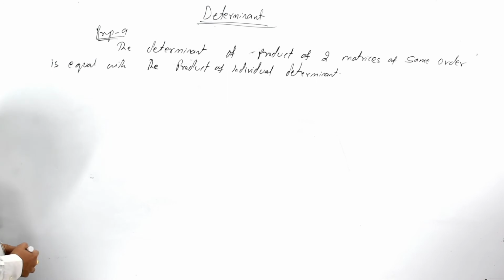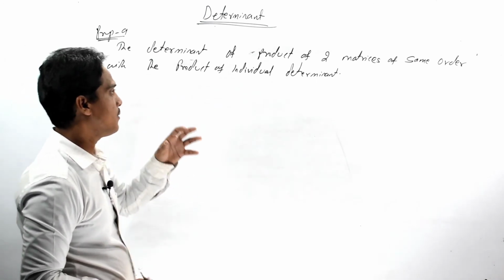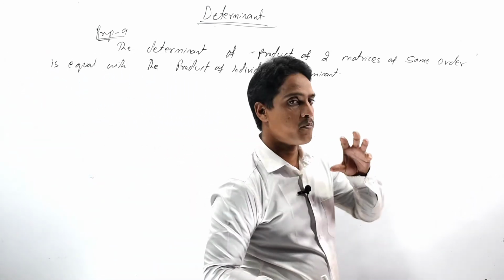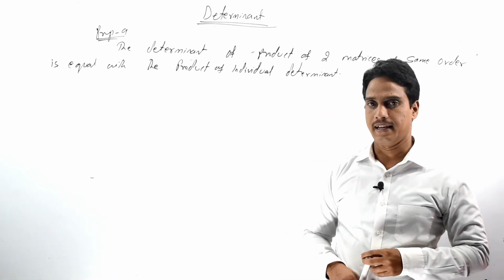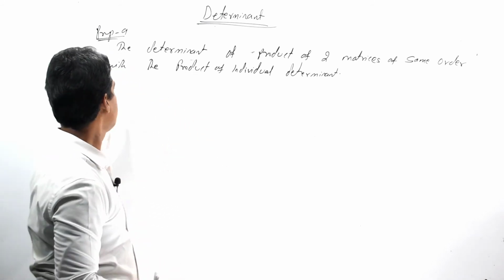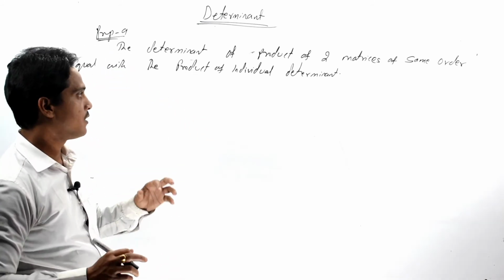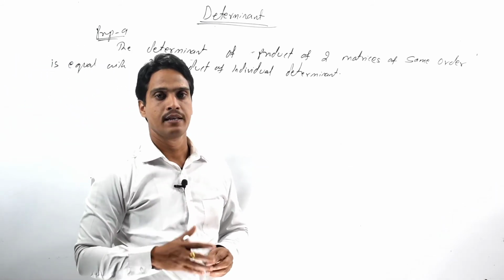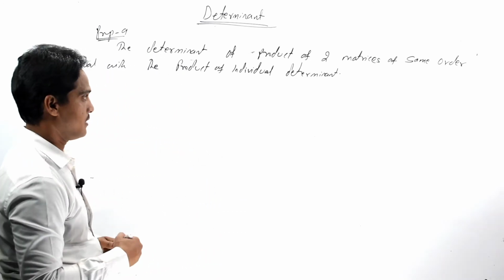That means the determinant of the product of two matrices of the same order is equal to the product of the individual determinants.